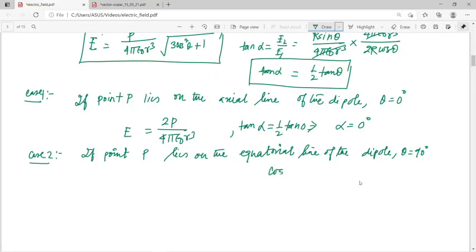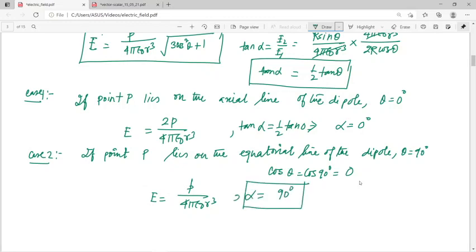That means cos theta equals cos 90 equals 0. Then E is equal to p by 4 pi epsilon naught r cube. If we put the value into this equation, cos theta is 0, so it is p by 4 pi epsilon naught r cube, and of course the value of alpha is equal to 90 degrees. So that is the answer. Okay, is it clear?